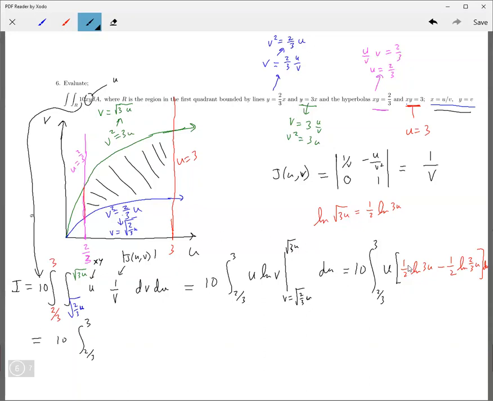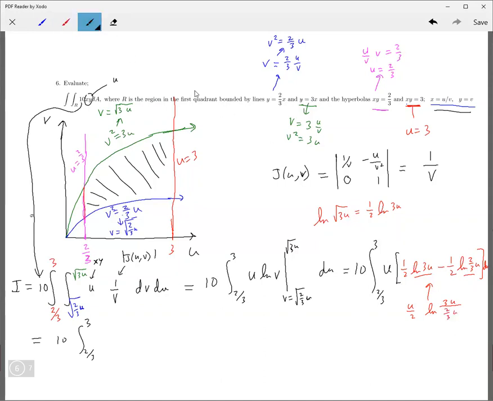So we have this 10 here. And then what happens is, all of this, you can factor a 1/2 out, and you're going to have log of this minus log of that, which is the same as log of 3u divided by 2/3 u.